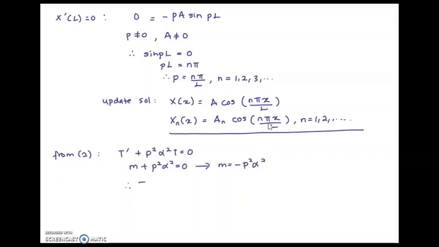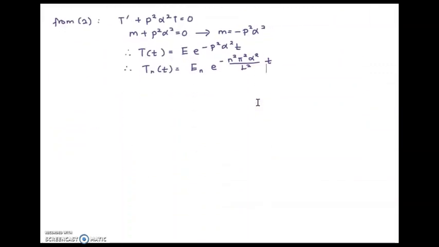Therefore, the solution would be T of t equals constant E exponent negative p square alpha square t. But since p is n pi over L, therefore we have Tn of t equals E n exponent negative n square pi square alpha square over L square times t. So that is the solution for the t.